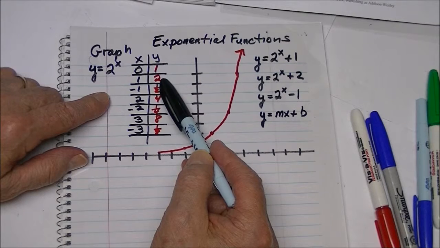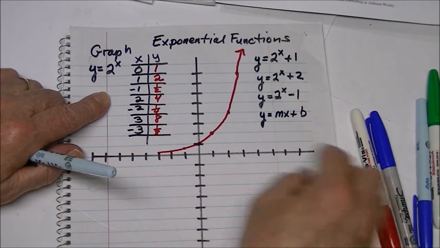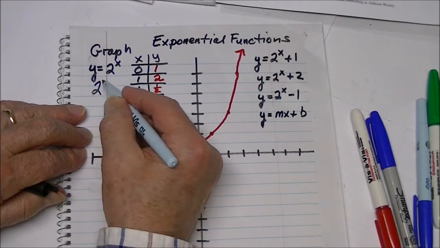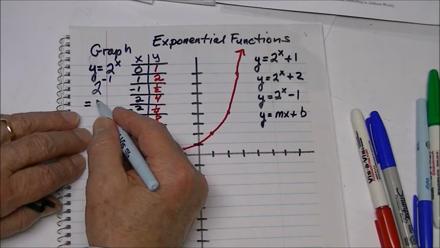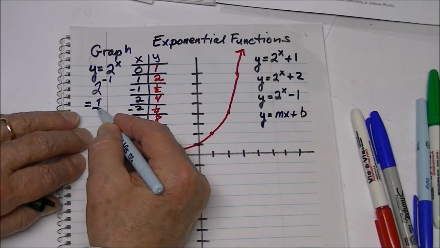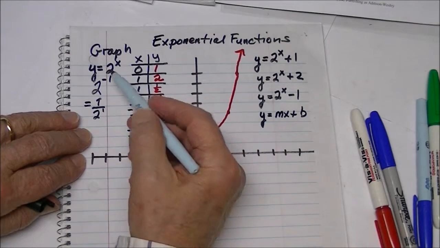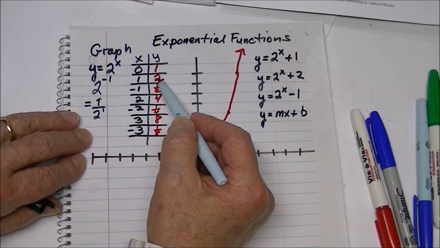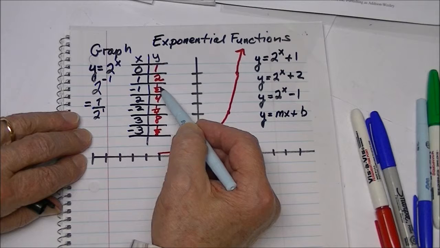If x is -1, now here we have a case of 2 to the -1 is actually 1 over 2 to the first. So it's the reciprocal of whatever 2 would be to the first. 2 to the -1 is the reciprocal, 1/2.